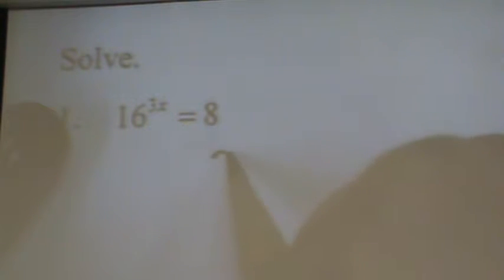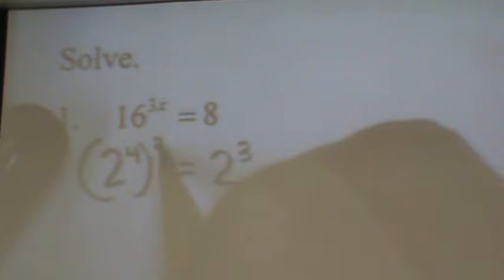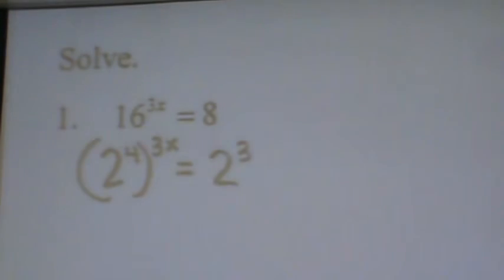I think you mean 2 to the 3rd power? 2 to the 3rd power is 8, and 2 to the 4th power is 16. Do you understand that 16 is 2 to the 4th power and 8 is 2 to the 3rd power? Now they're in the same base.